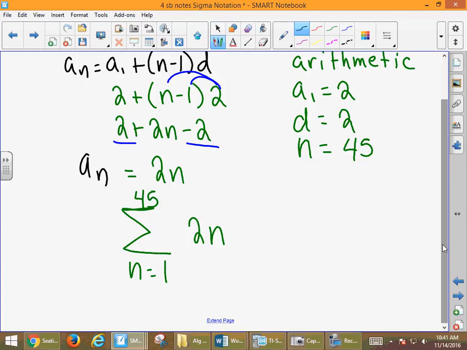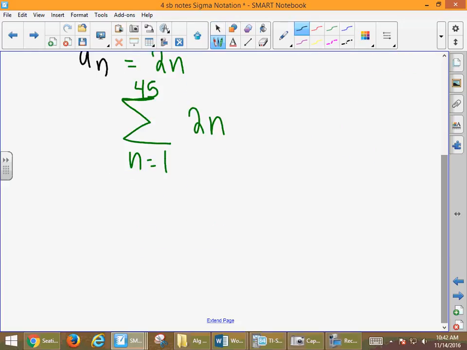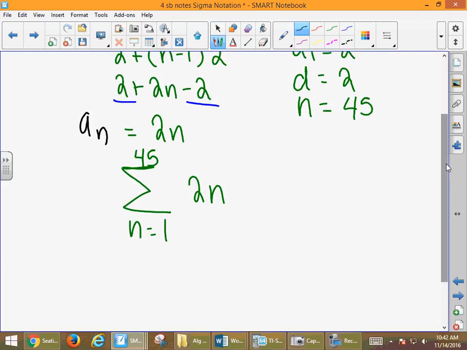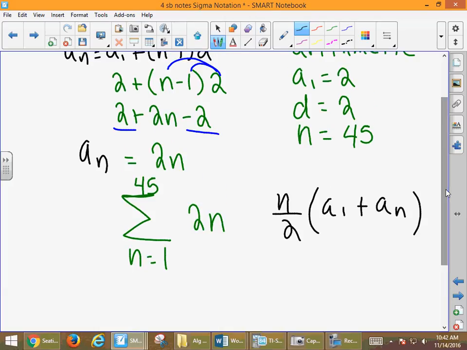And so now we're going to use our summation formula, which is n divided by 2 times a1 plus an. So we do need one more piece of information. We need to know, what is a of 45? But the good news is that a of n, which is a of 45, is going to be calculated by taking 2 times 45.